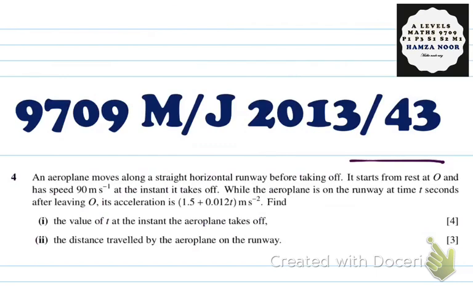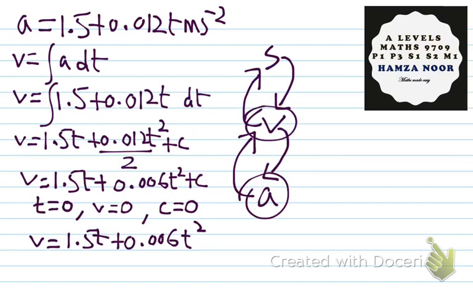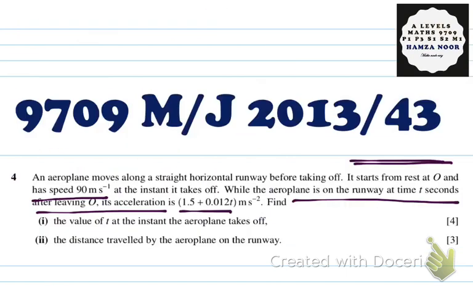What's next now? The information we've been provided is that while the aeroplane is on the runway at time t seconds after leaving O, its acceleration is 1.5 plus 0.012 t. It starts from rest at O and has a speed of 90 meters per second at the instant it takes off.